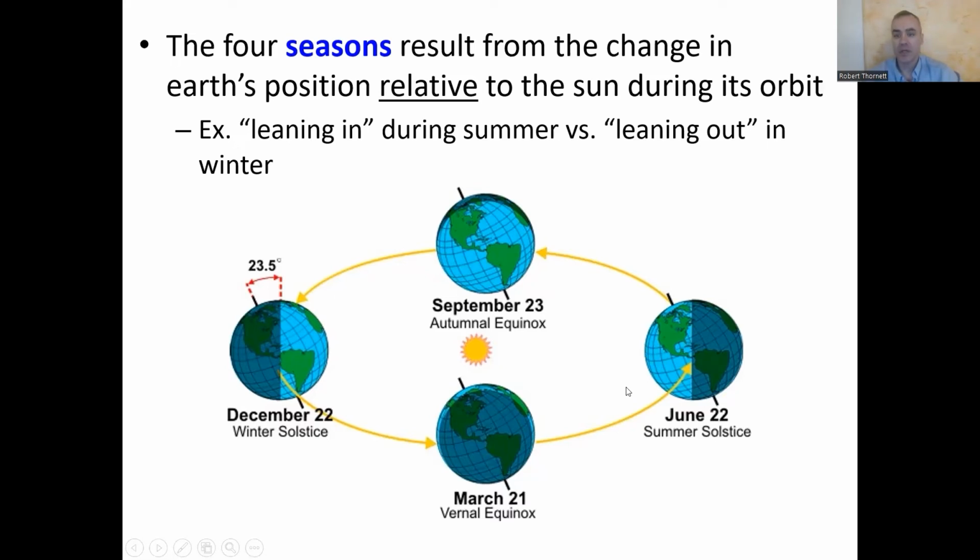That's the definition of the summer solstice. It's when the sun's subsolar point, the direct rays, hit at the Tropic of Cancer, the highest point that they'll get. And then at the opposite season, winter, this time it's like you're leaning your head back, right?